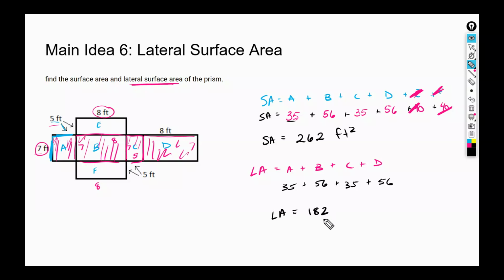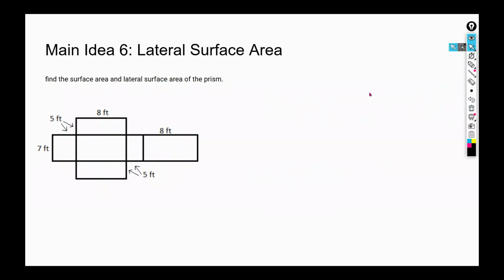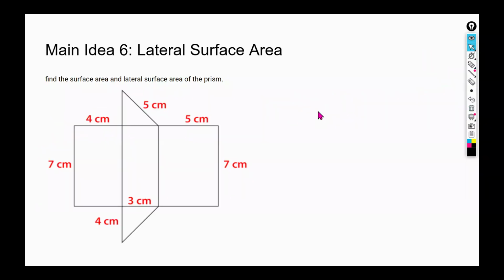Okay, so there's an example of calculating the surface area from a net and calculating the lateral area. Let's look at an example that has triangles in it. We're going to break the shape up into different pieces again.